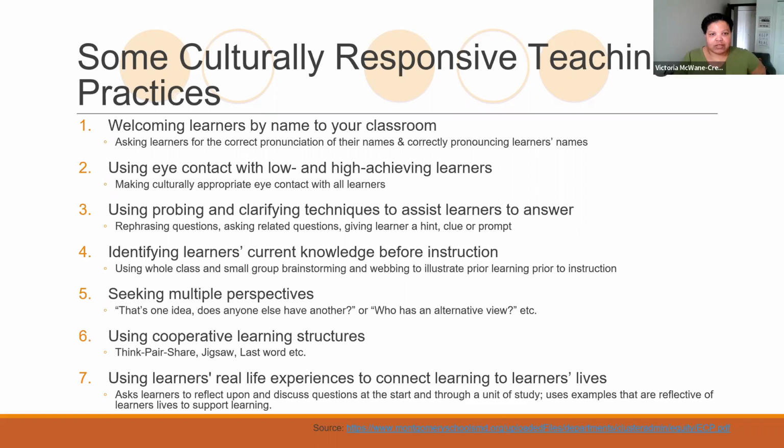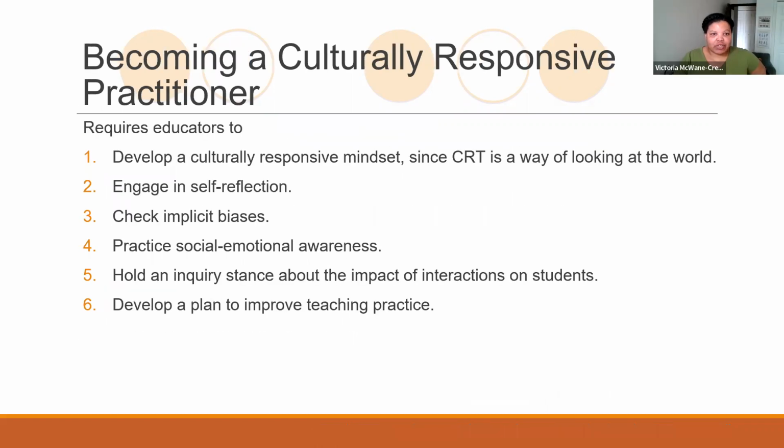Beautiful. So again, you don't have to do everything. You can just pick the things that resonate with you to try, to add to your repertoire. And then as you incorporate that more fully, then begin to expand and incorporate a new practice that will help you become even more culturally responsive.